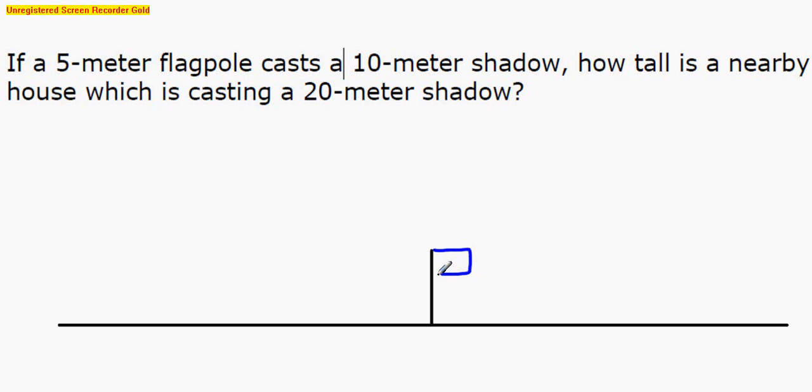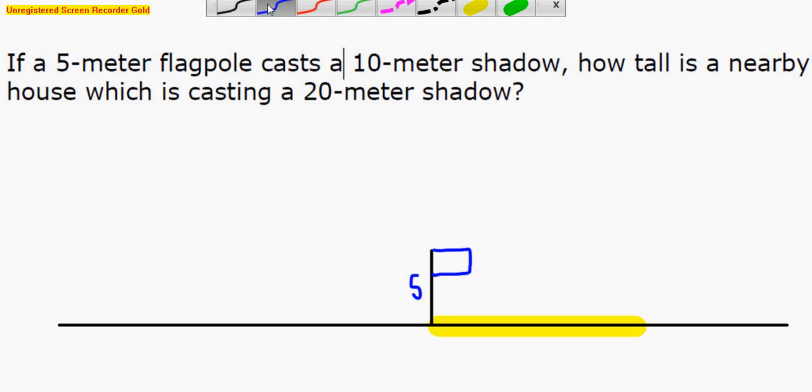All right, that's our flagpole, and the flagpole here is 5 meters, so let's write 5. Then it's casting a shadow, and we'll make the shadow yellow here. That is twice as long, so it's about right there, and that's going to be a shadow that is 10 meters long. So this is 10 meters.